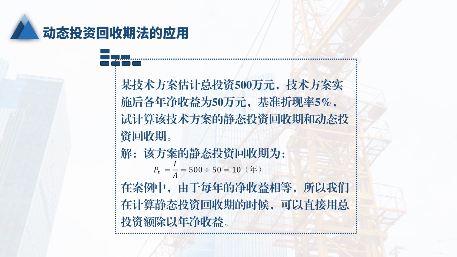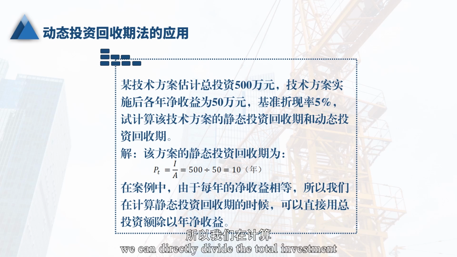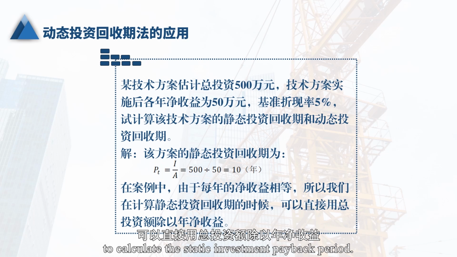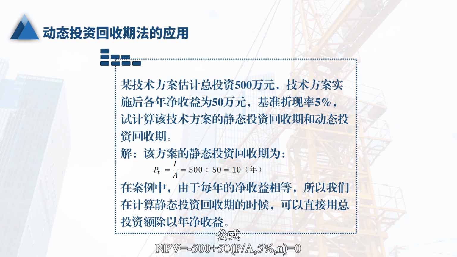In this case, since the annual net income is equal, we can directly divide the total investment by the annual net income to calculate the static investment payback period. The dynamic investment payback period for this project: NPV equals minus 500 plus 50 multiplied by (P/A, 5%, n) equals 0. So (P/A, 5%, n) equals 10.